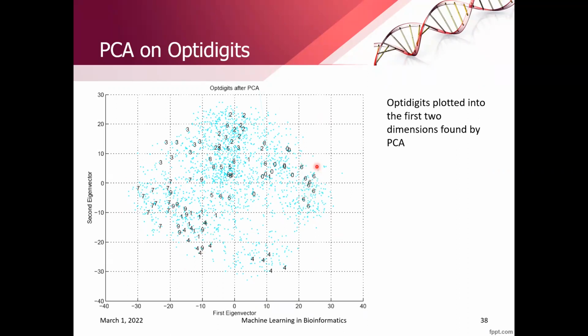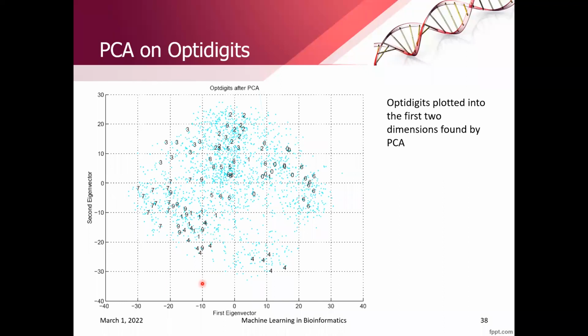But there are some digits which are mapped to regions where they are mixed. Can you say me some digits? So it would be nice if after the transformation we obtain separate regions for different digits, because then we can use just these two dimensions for classifying the handwritten digits.